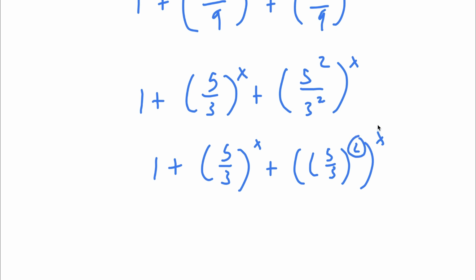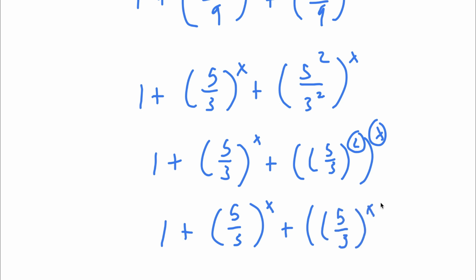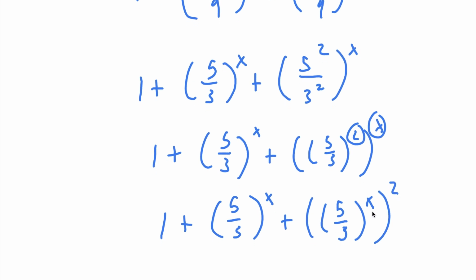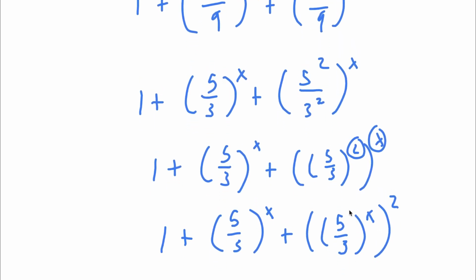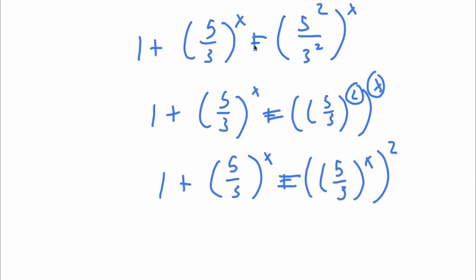And I can actually switch the places of these two. So now I'm going to have 1 plus 5 over 3 to the power of x equals 5 over 3 to the power of x to the power of 2. And sorry, this is actually an equal sign, not a plus sign.